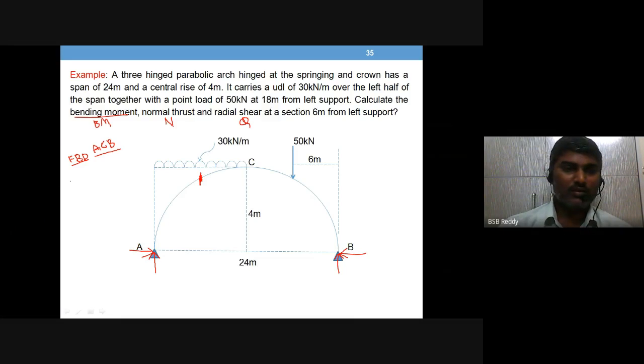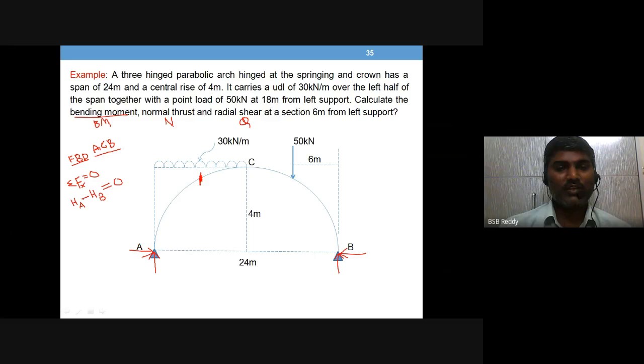So applying the three equilibrium equations. For example, sigma Fx equals 0. You know that there are only two horizontal forces available in this free body diagram. One is HA acting towards right, and another one is HB acting towards left, should be equal to 0.